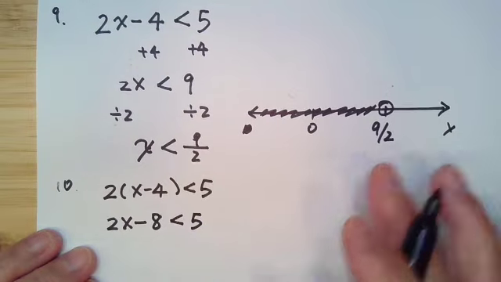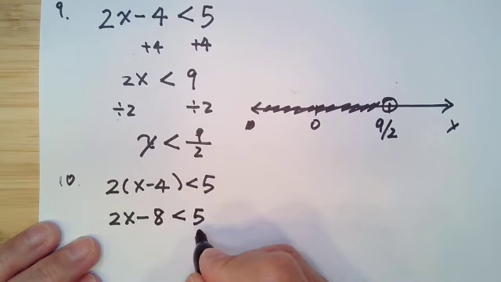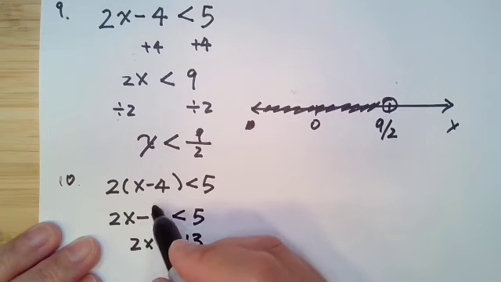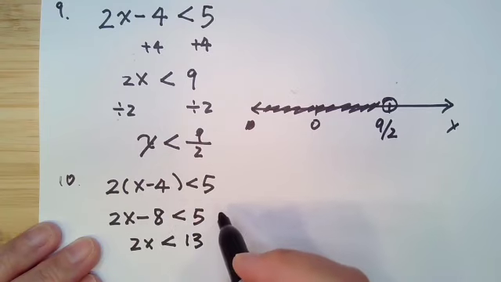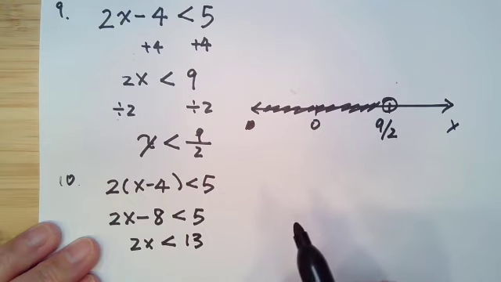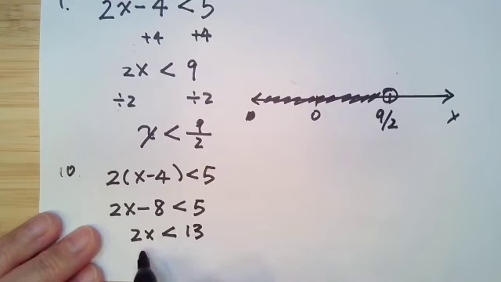And then it becomes very similar to the situation we had earlier with plus 8. So we have 2x less than 13. You can say we move negative 8 to the other side, or add 8 on both sides. It's the same thing. When you add or subtract a number, you still keep this direction. And next you divide by 2, which is a positive number.